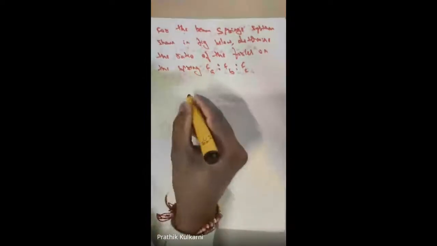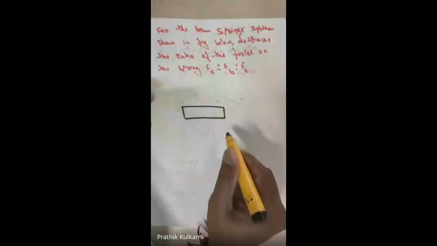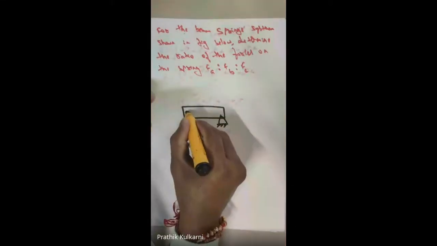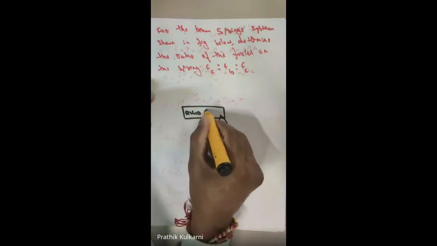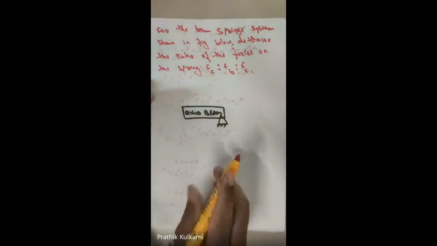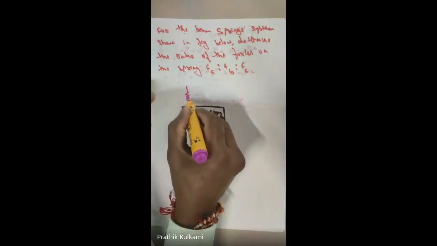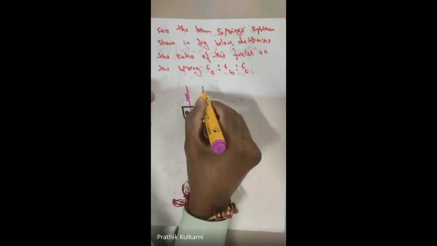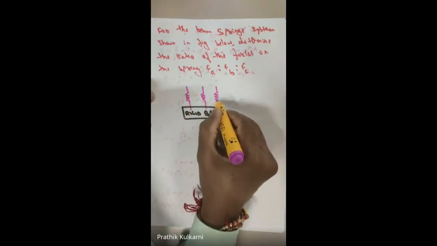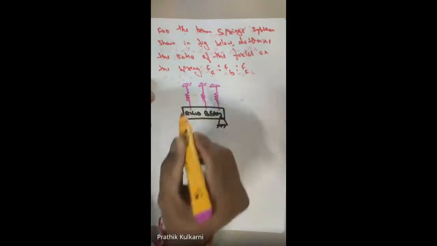So I'll just draw the diagram again. If this is my member, same again, somewhere it is fixed here. Again this is a rigid beam only. Here we have 3 springs now: 1, 2, 3. Fixed here and fixed here.